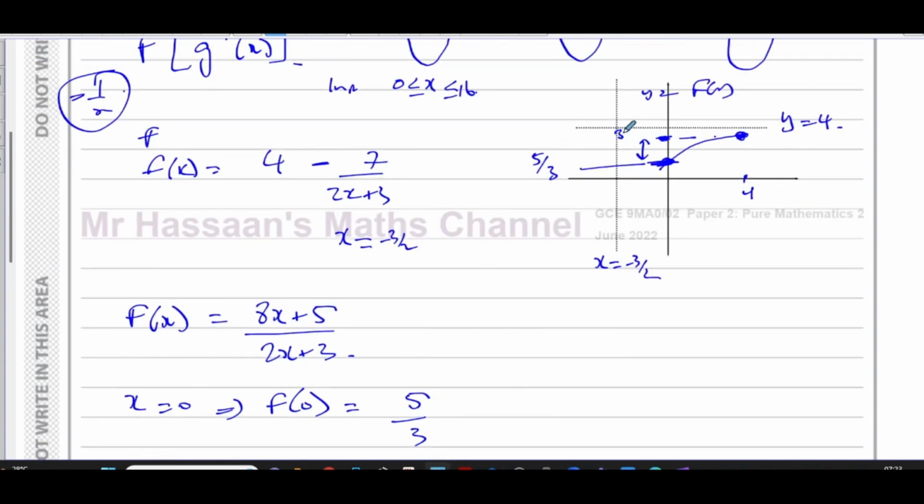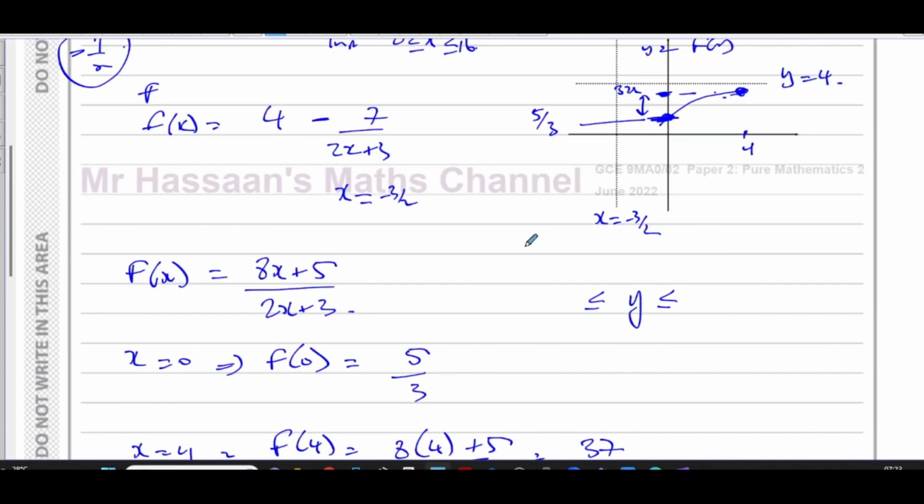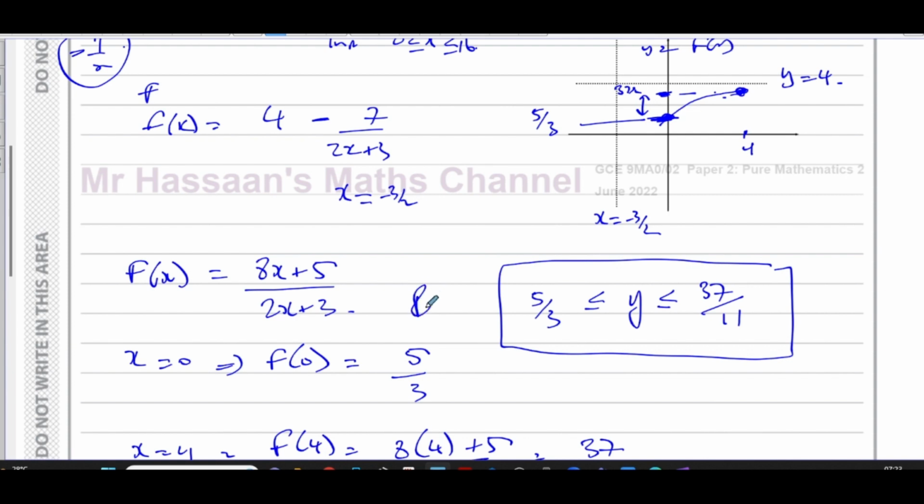That's the value over there. So my range, you can say y is between, and it's equal to both of them because these are both included. So my range is between 5 over 3 and 37 over 11. That is the range of my composite function.